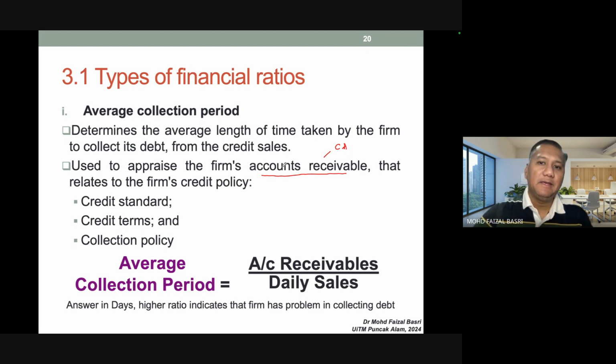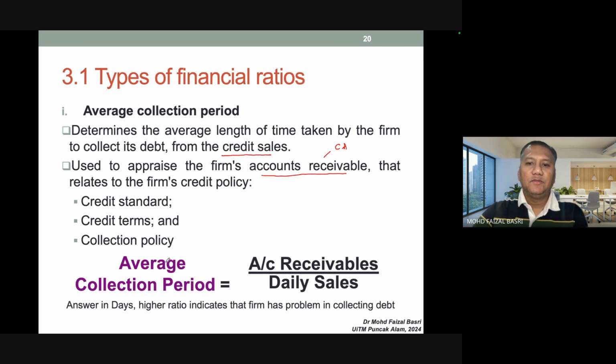Remember balik, account receivable ni adalah amount daripada jumlah sales yang berlaku tetapi belum diterima dalam bentuk cash. So that's why dia datang daripada credit sales. So the larger the credit sales, selalunya lagi besar account receivable dia lah.